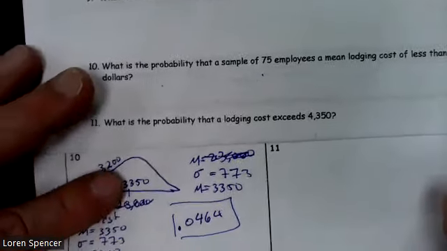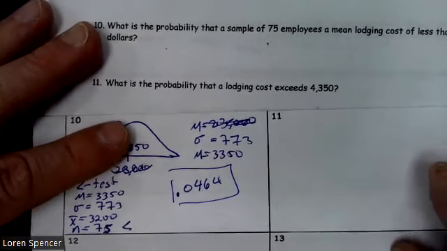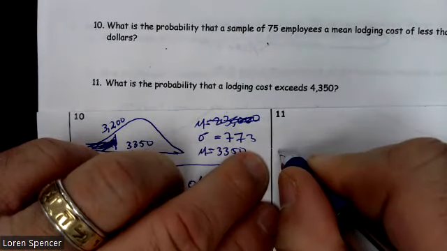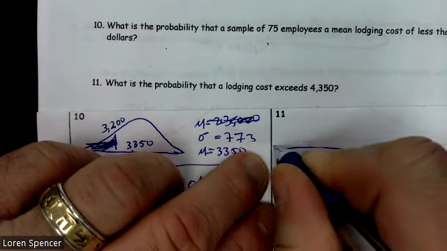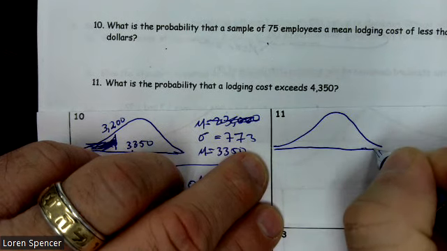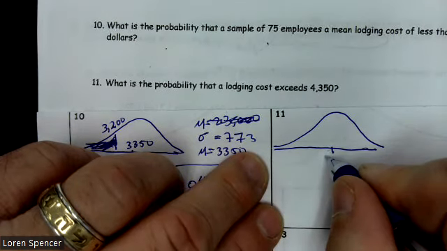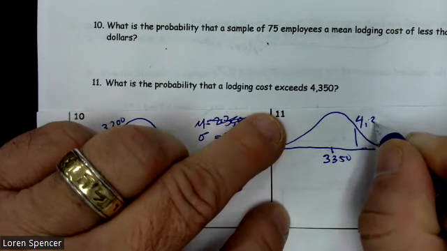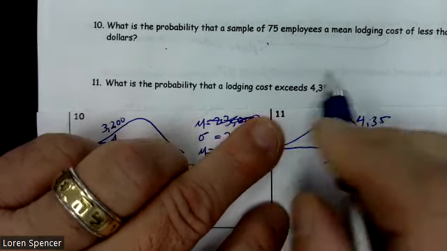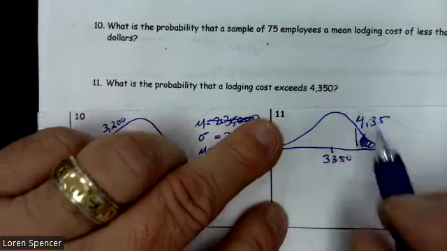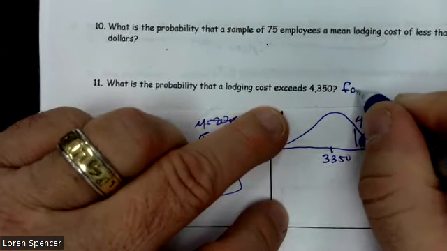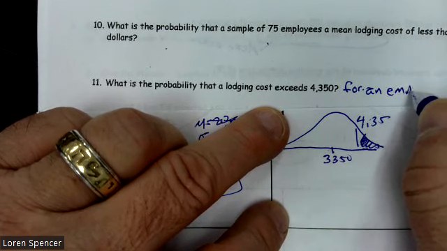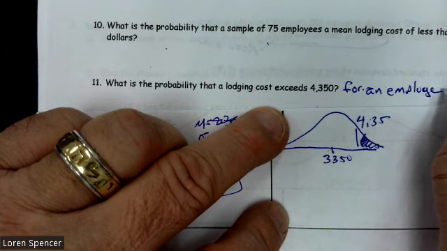What's the probability that lodging cost exceeds 4,350? All right, this was unclear the way this is phrased, and I apologize for that. So let's go ahead and adjust this. So 3,350, that's easy. This is 4,350, and it should say for an employee. An employee is just one.